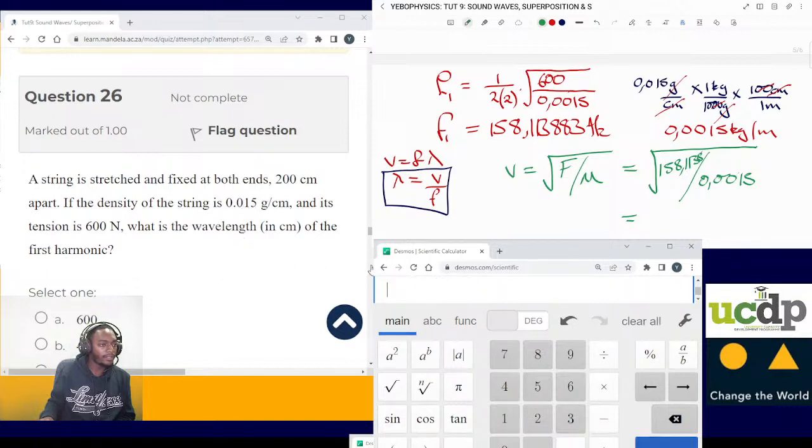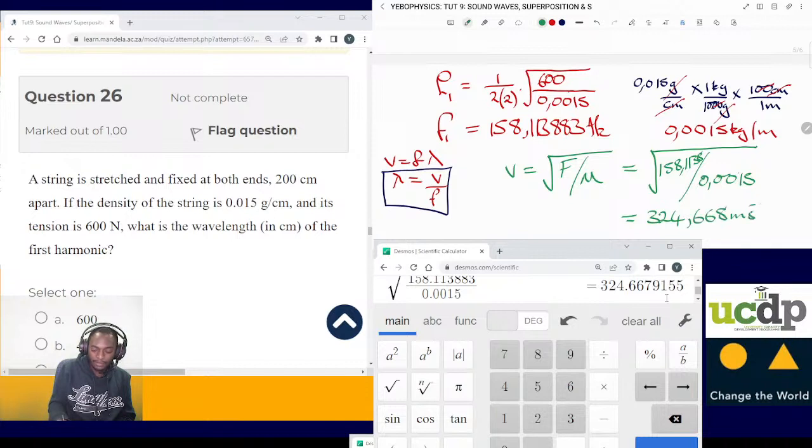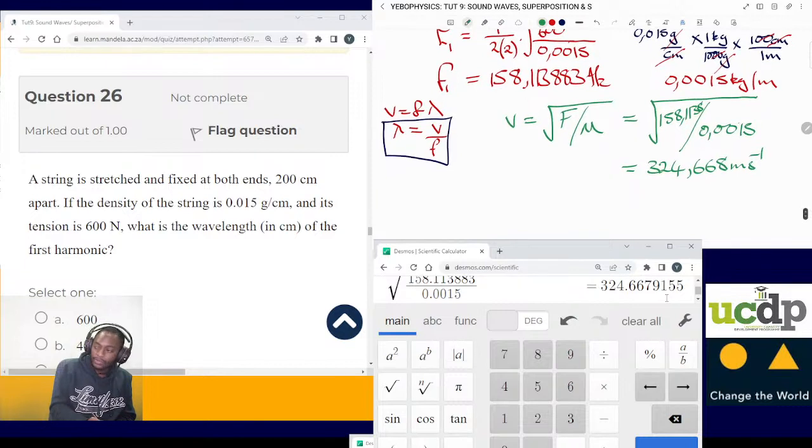We equate, oops, what have I done? Okay, so the velocity is 324.668 meters per second.